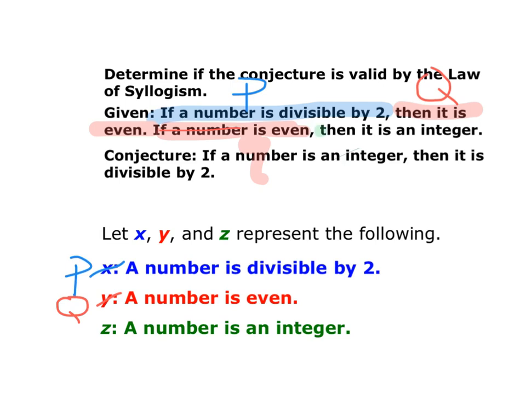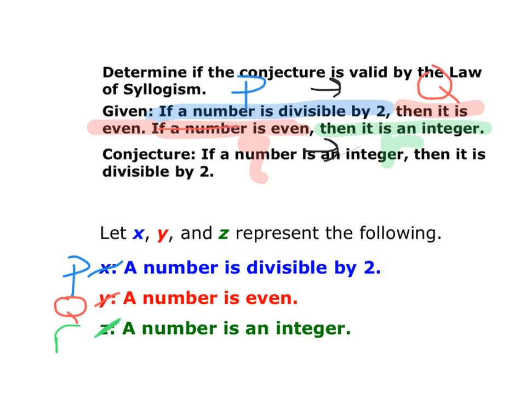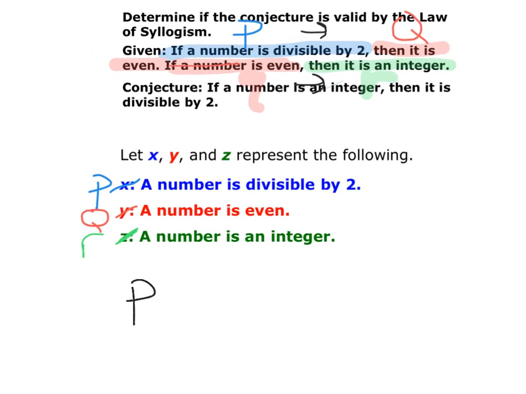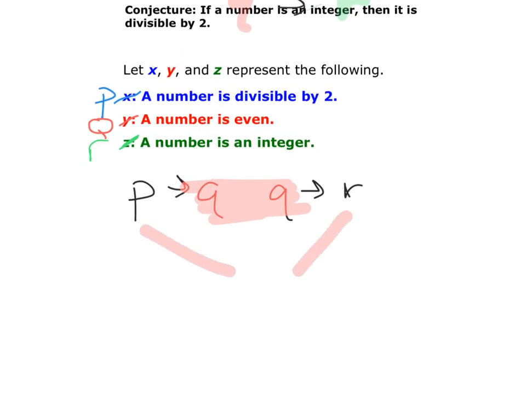No, it's a new one. So this would be our R. So if we have if P then Q is true, and Q then R, the two middle ones are the same. So we know that P then R is true.